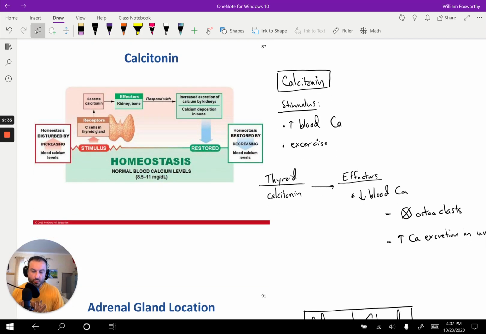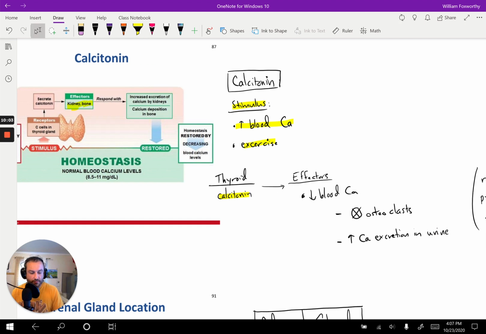The other hormone that's produced in the thyroid gland is calcitonin. Its release will be stimulated by a high blood calcium level as well as by exercise. And so then the thyroid would release calcitonin, and that will have an effect on the kidney and your bones.